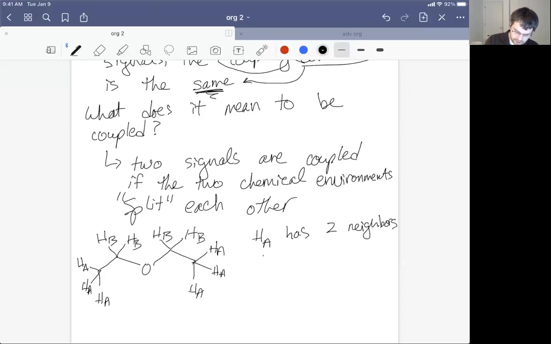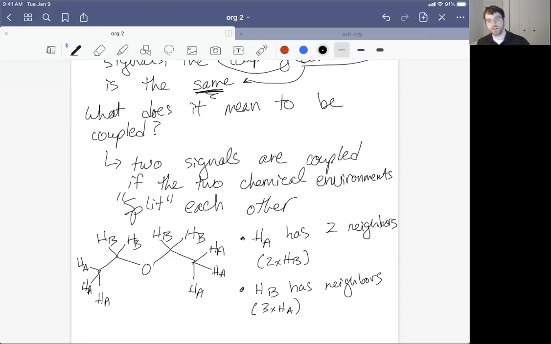It has 2 neighbors, and that's 2 times HB. Similarly, B has 3 neighbors, and it's 3 times HA. So one causes the other to split. The other causes the first one to split. And we say that because there's 2 times HB, HA forms a triplet, and B forms a quartet. That's following what's called the n+1 rule, where the number of neighbors plus 1 equals the number of peaks that you would observe in the multiplet.